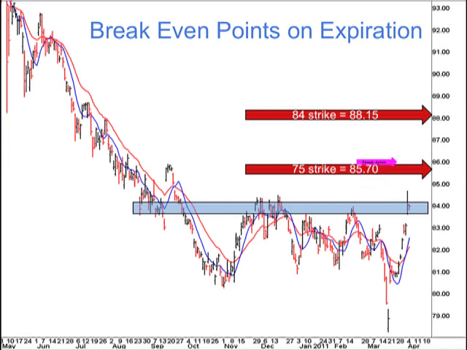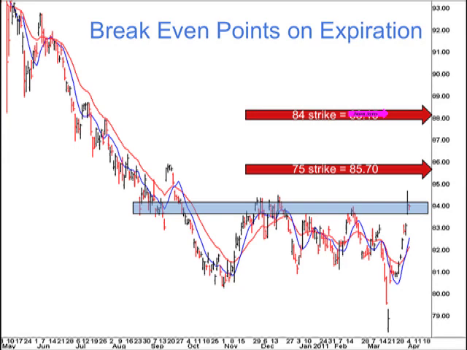Whereas if we consider that 84 strike and the fact that we're actually paying that $4.15 in time, you'll see that the pair actually has to be all the way up here above that $88 mark in order for us to profit. So our break-even point, although we're putting up more capital to utilize that deep in the money call option, is actually lower with that deep in the money call.